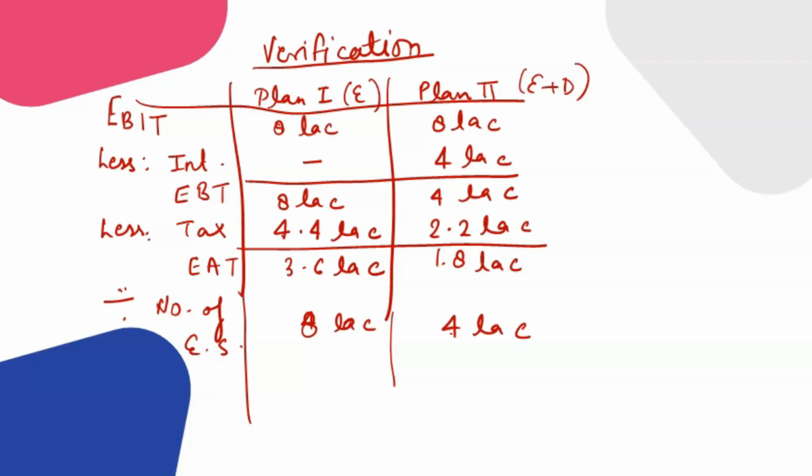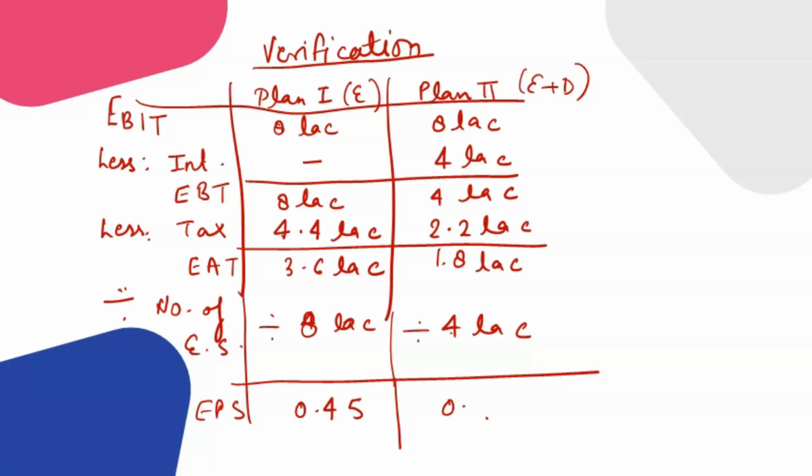So here EPS we will get 3.6 lakh divided by 8 lakh, which is 0.45, and in the second plan 1.8 lakh divided by 4 lakh, so here we will again get the same 0.45. So you can see EPS is the same.